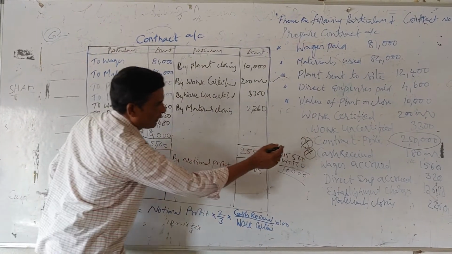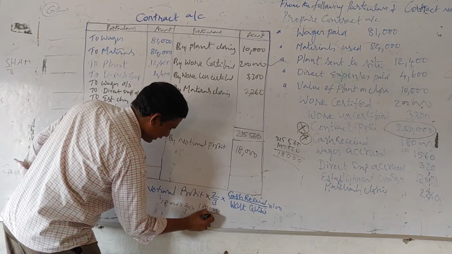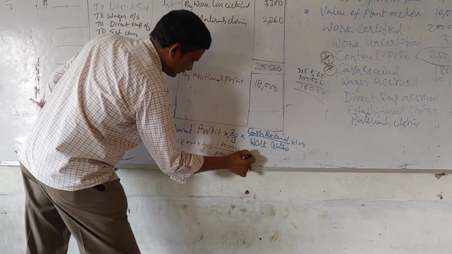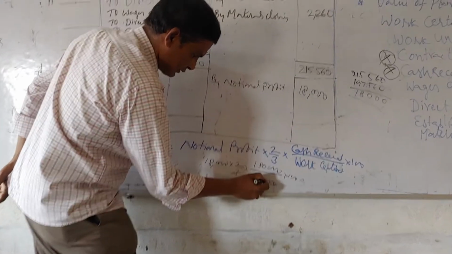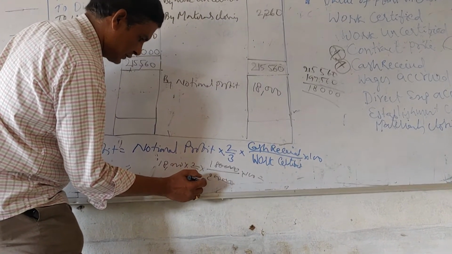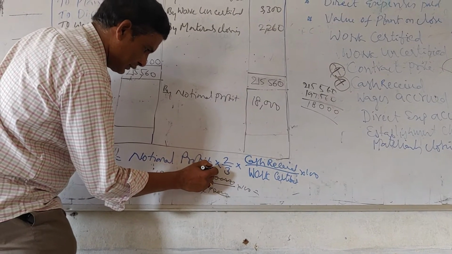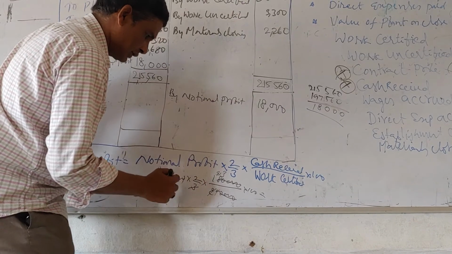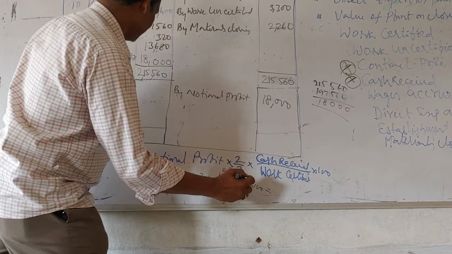Cash received, you know very well, is 1,80,000. By work certified, 2 lakhs into 100.